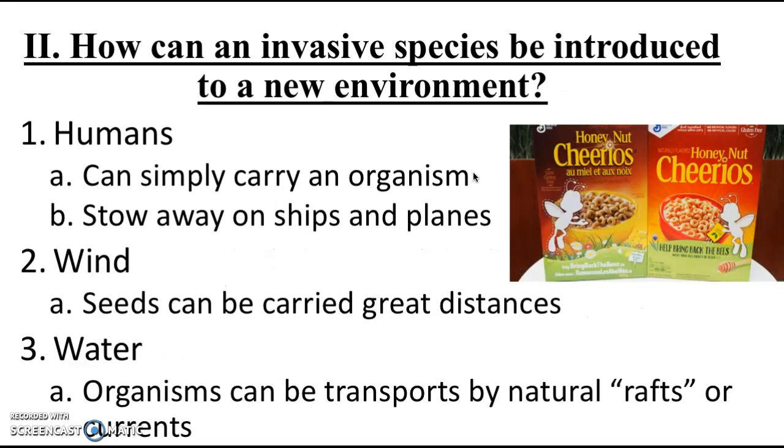So the way that these invasive species are introduced to their new environment could be through humans, which happens very frequently. So sometimes we actually release these organisms into new environments, not realizing the problems that can cause.